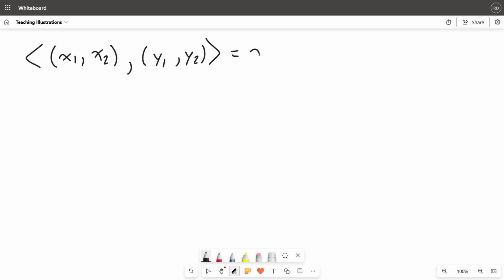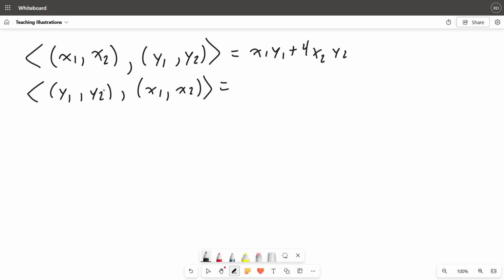By definition, that is x1y1 plus 4x2y2. I'll do it the other way and show that gives us the same thing. <(y1,y2),(x1,x2)> is y1x1 plus 4y2x2. But since real numbers are commutative, we can switch them around and get the same thing. So that's a sufficient proof for part 1.